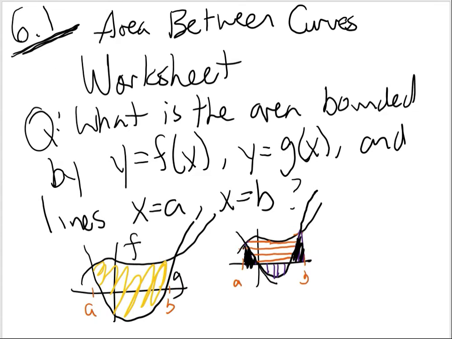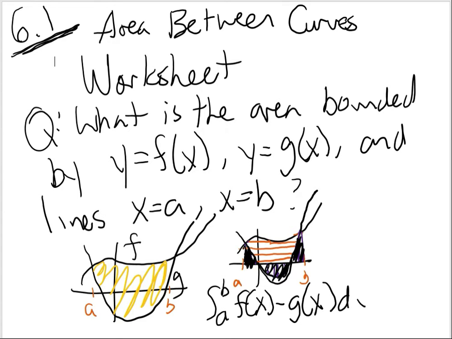If g is negative, though, we need to add it to get our extra area. So really, what this turns into is we can actually use an integral where we subtract, we take the top minus the bottom, take the integral dx. And that's the entire idea behind finding area between curves.